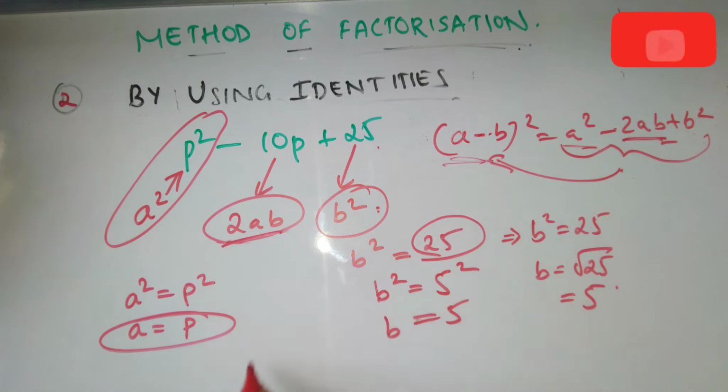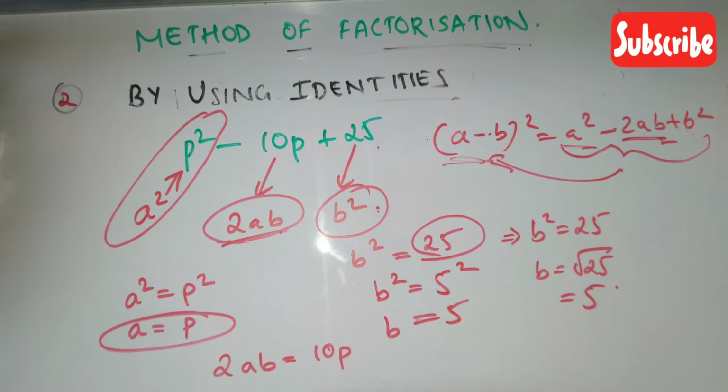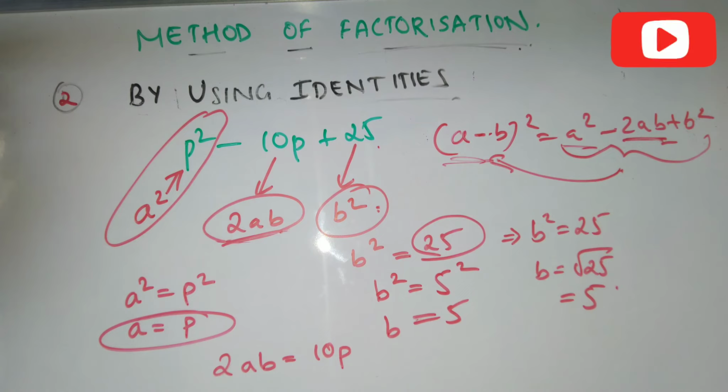Suppose I take 2ab. So 2ab is equal to 10p. Now a is p here, so in place of a I place p: 2pb equals 10p.